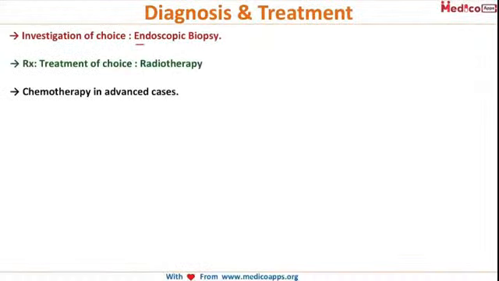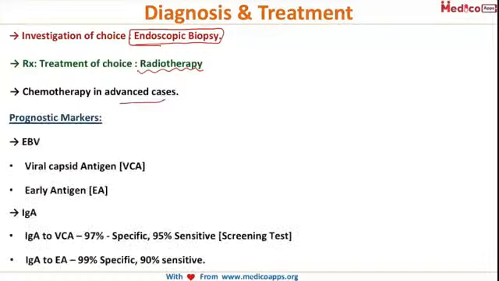Okay, now let's proceed to the diagnosis and treatment. Obviously, the gold standard for diagnosis is going to be your endoscopic biopsy, and the treatment of choice here is radiotherapy. However, we give chemotherapy in advanced cases. Okay, so the prognostic markers will be, first we have to assess the Epstein-Barr virus. So for that we do two tests, that is the VCA, viral capsid antigen, and the early antigen.